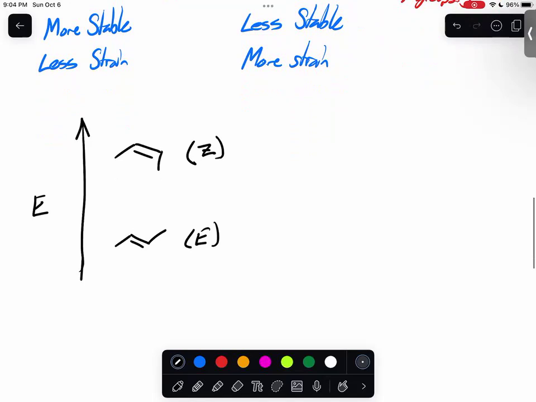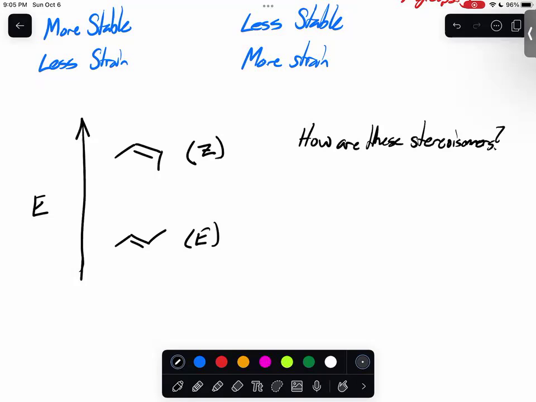Whenever we're looking at these, they have differences in energy. So we have to ask ourselves the question, how are these stereoisomers? Well, they follow the normal definition of stereoisomers, in that they have the same molecular formula and the same connectivity. It's just that things differ in physical space.